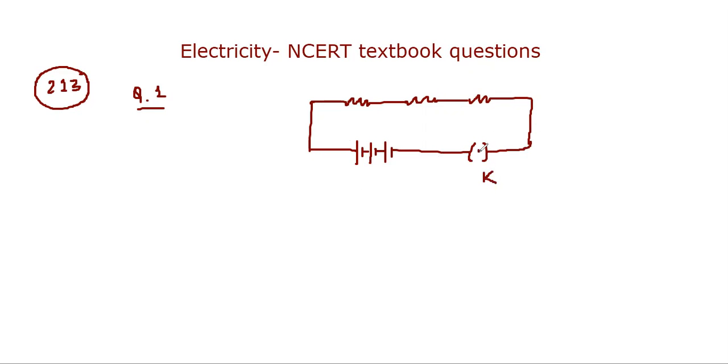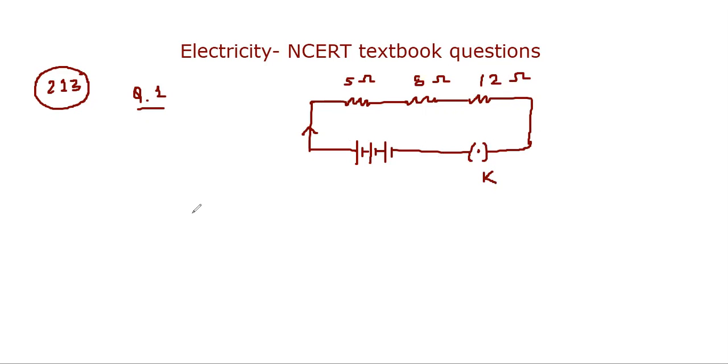If key is closed, then current will flow like this. And these resistances are 5 ohm, 8 ohm, and 12 ohm. Now, question number 2.